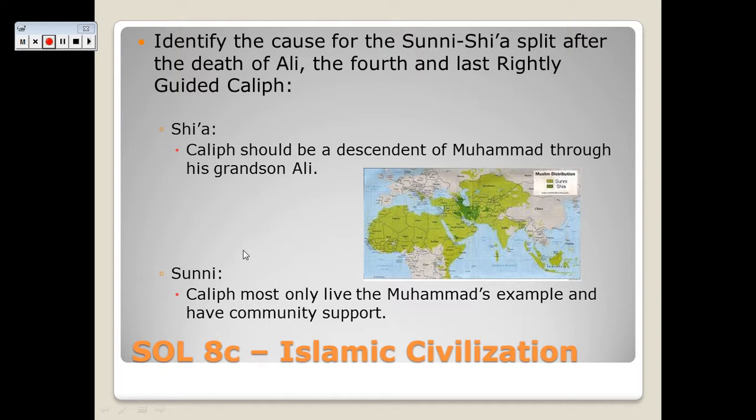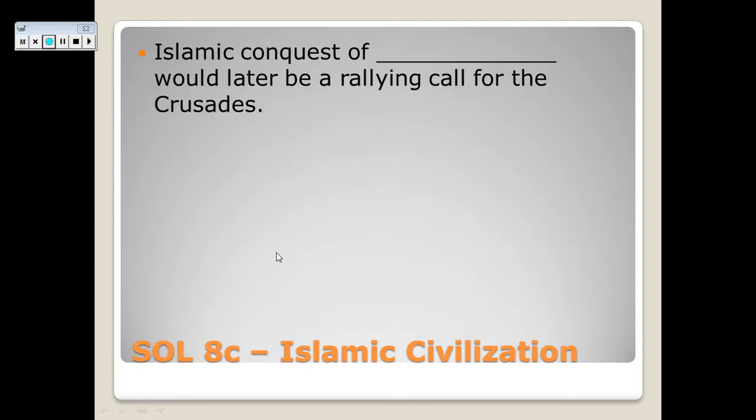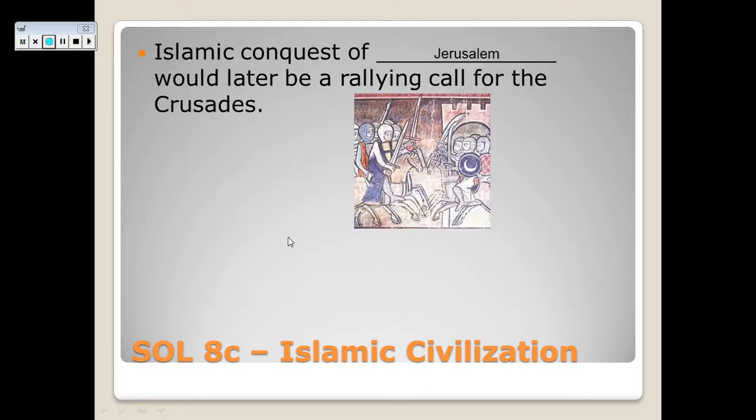The Sunni Muslims believe that the caliph must only live in Muhammad's example and have community support. So they believe that it didn't require that the caliph be a direct descendant of Muhammad, just that he live life as Muhammad would have.